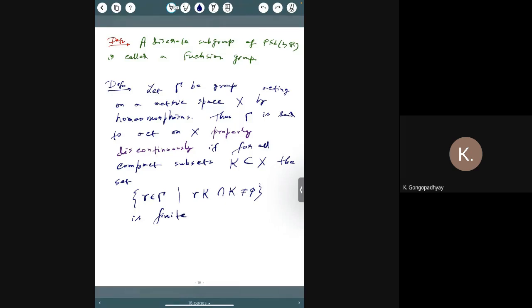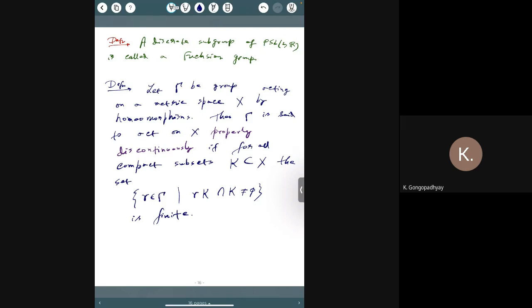Okay, so that means you take any compact subset of X, then the elements of gamma that intersect K in a non-empty way can only be finitely many in number.